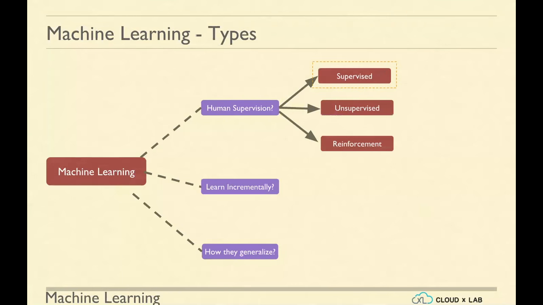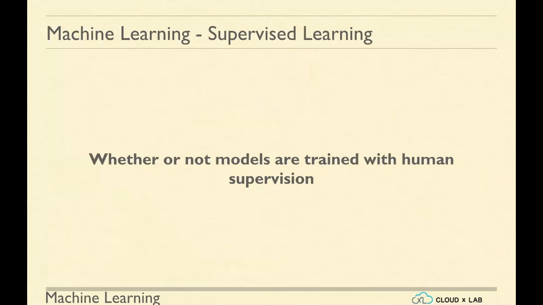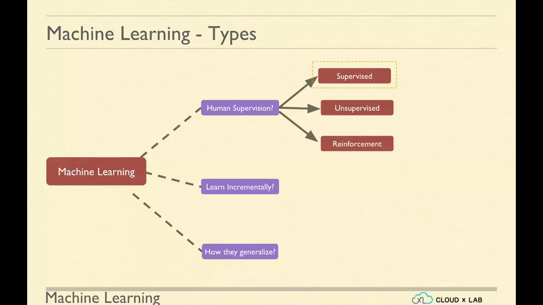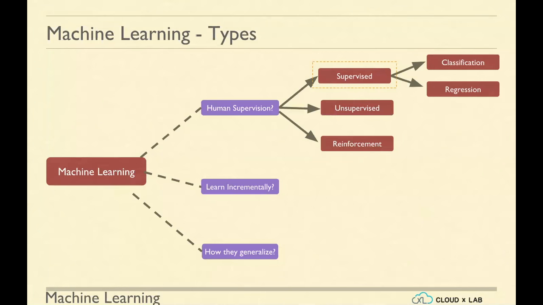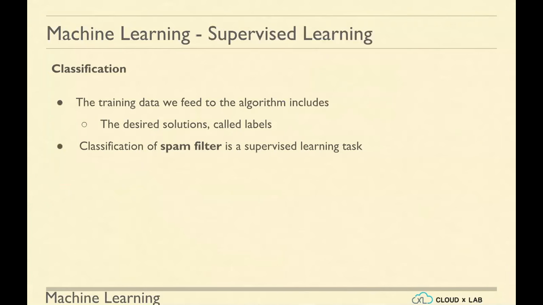The first is based on human supervision, whether it requires supervised data or not: supervised, unsupervised, and reinforcement. Supervised is where models are trained with human supervision, and it is further divided into classification and regression.